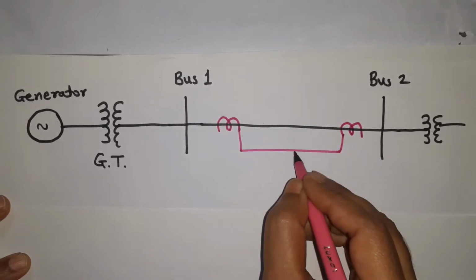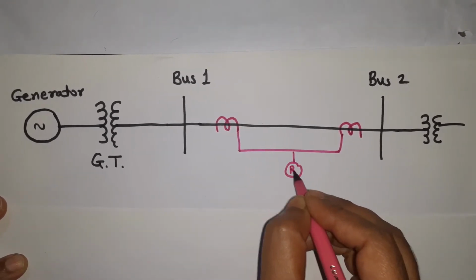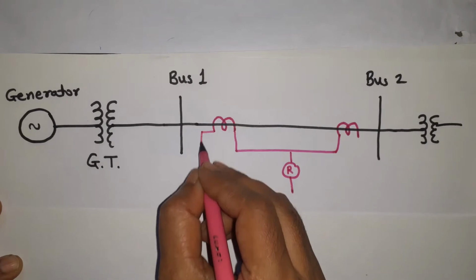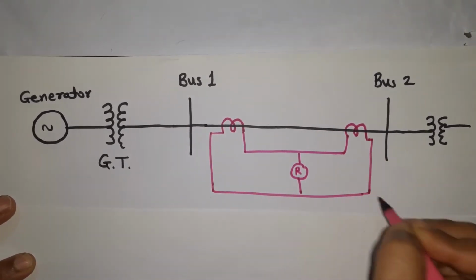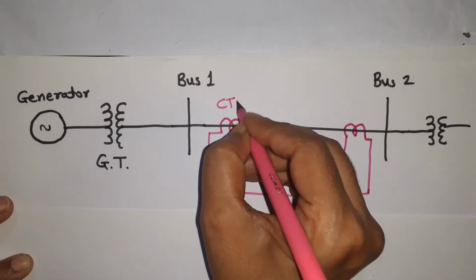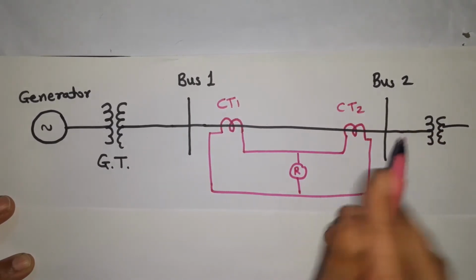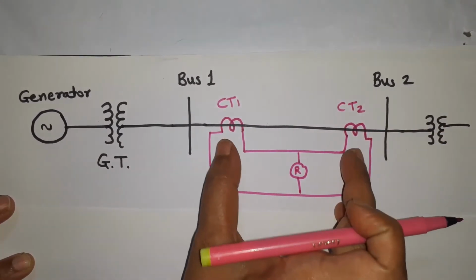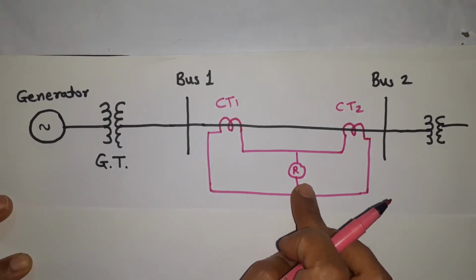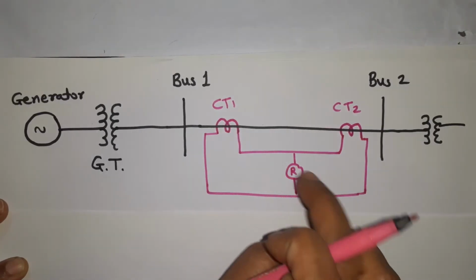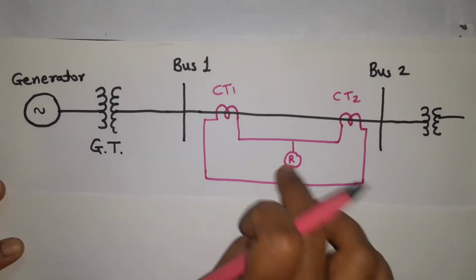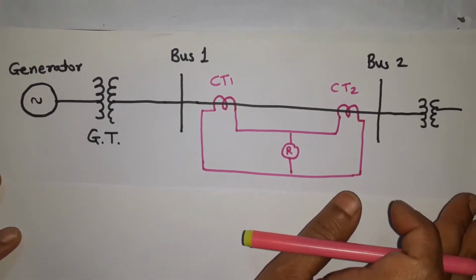I am going to connect one relay across it, which is going to sense the fault. If any fault occurs within the zone defined by CT1 and CT2, then and only then the fault will get sensed by this relay, and it will operate or trip the system.